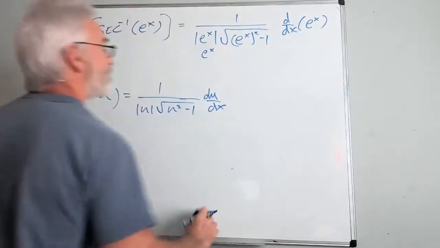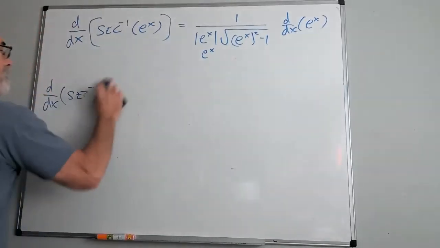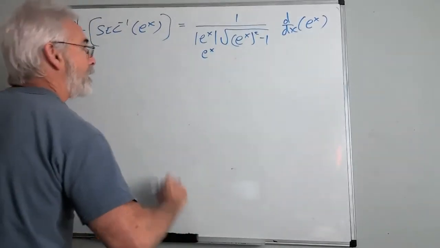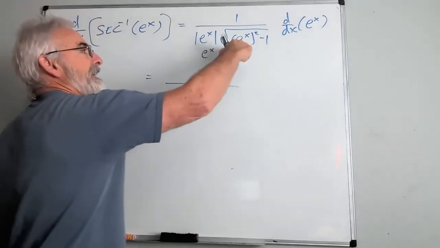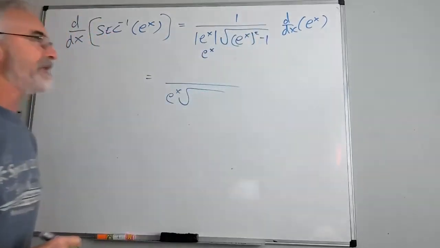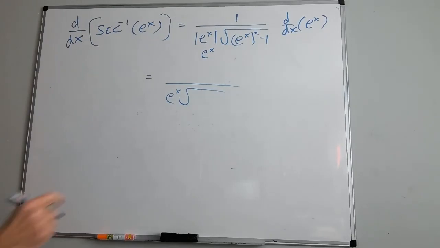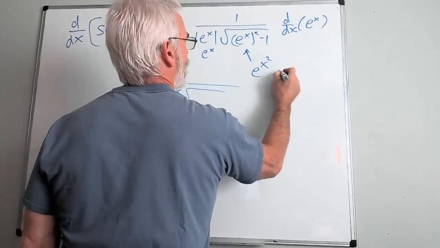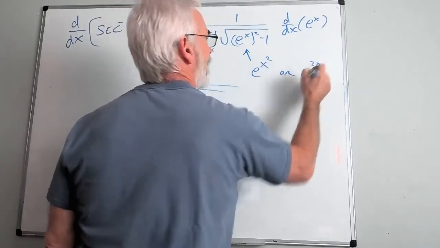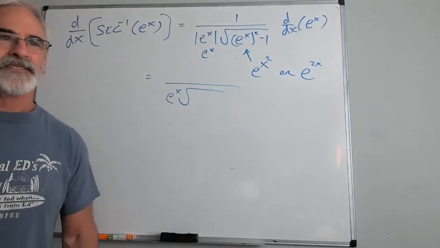Okay, great. So when I clean this up, I have e to the x. E to the x when I square it, oh dear, what do I do with the exponents? Is this going to be e to the x squared, or is it going to be e to the 2x? Anybody want to just blurt out an answer?